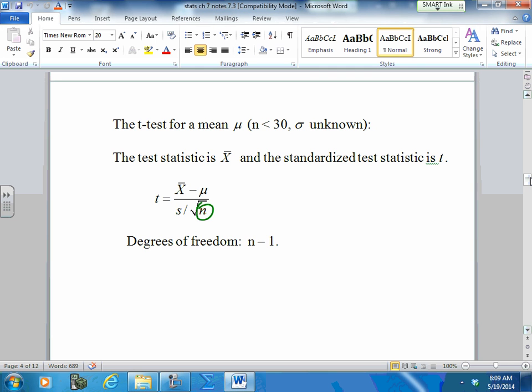Okay, and again, your calculator has a t-test in it. It's number 2, t-test. It works the exact same as your z, and it returns the same thing. As a matter of fact, if you're looking for a p-val, we're not, oh, that's the chi-square. Okay, we'd be able to find a p-val.